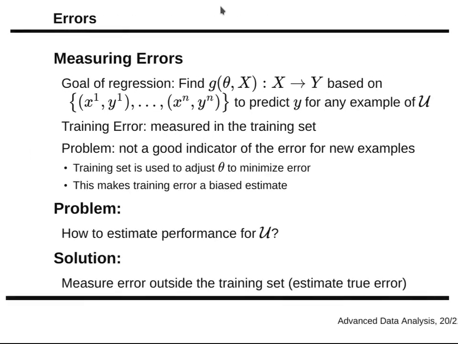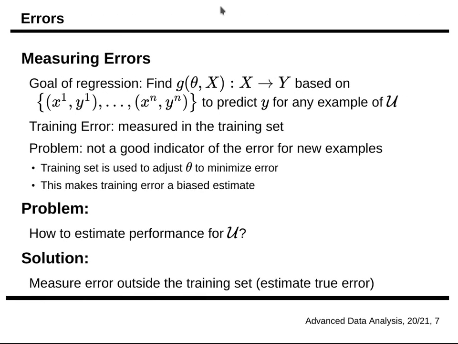So we cannot use the training error as an indicator of the error our final instance of our hypothesis will have when trying to predict new examples, because we are using this training error, computed on the training set, to adjust the parameters. So the question is how we can estimate the performance for new examples in this universe of examples. And the obvious solution is to measure the error outside the training set.